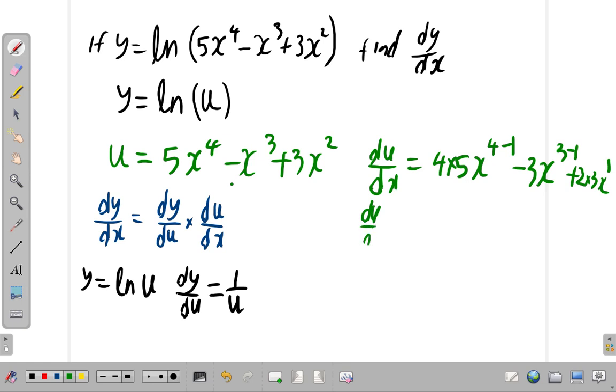We simplify this. 4 times 5 is 20, x to the 4 minus 1 is 3, minus 3x to the 3 minus 1 is 2, so it's 3x squared, plus 2 times 3 is 6, 6x, x to the 1 is just x.